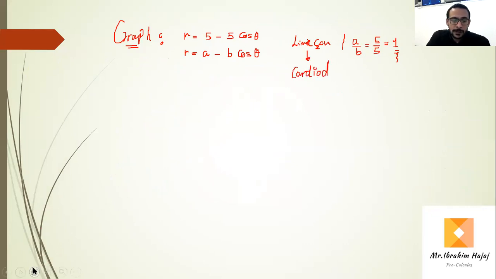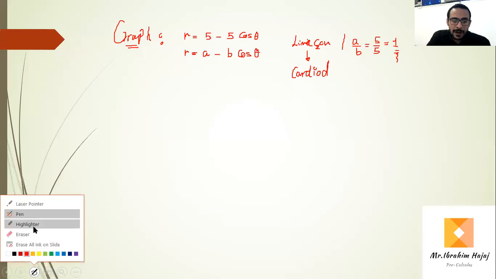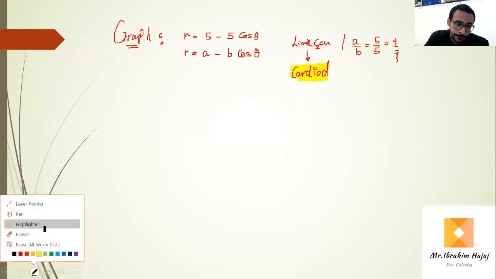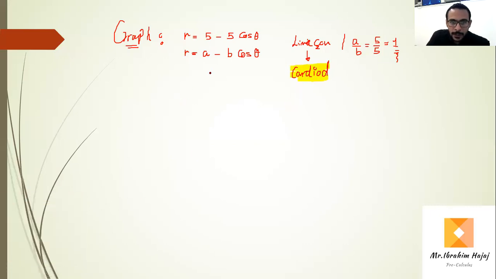How to graph the cardioid? It's so easy also. As we graphed the other types of limaçon curves, we can graph this equation. r equals 5 cosine theta, cosine of course, so our main axis is the x axis. Positive or negative?